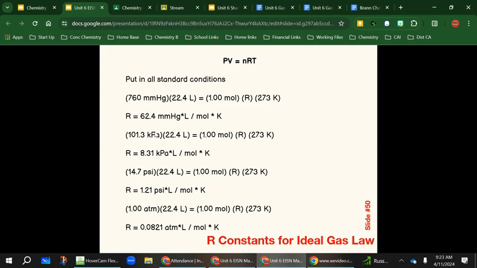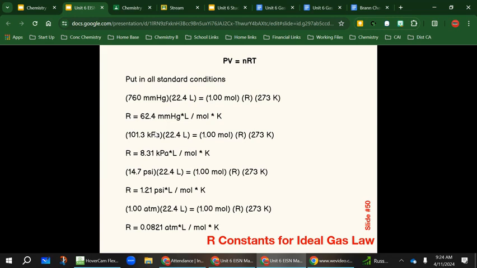All different ways of expressing the exact same distance. The distance doesn't change. The number does, the unit does, the distance doesn't. The value is still 1 mile. The value of all 4 of those R values is exactly the same.